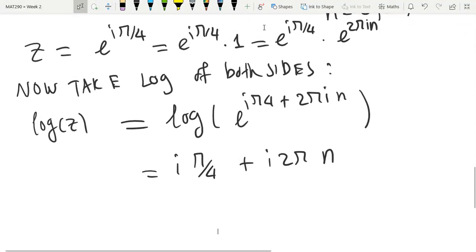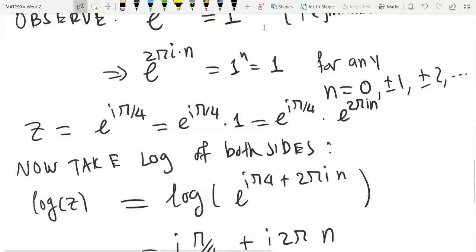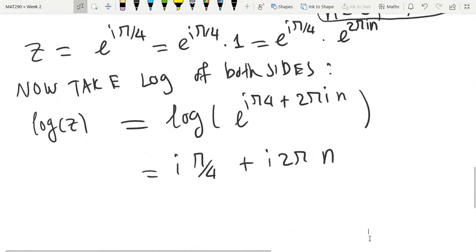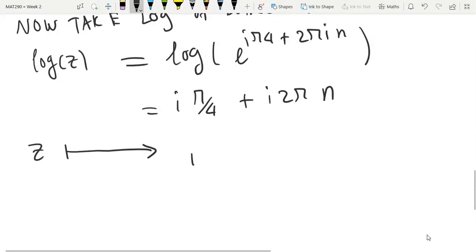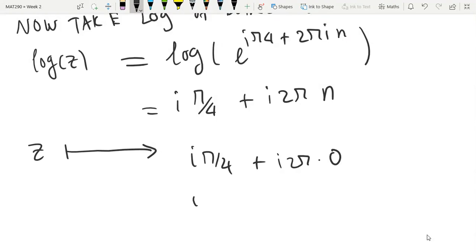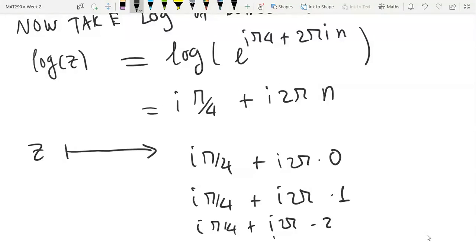But n can be any integer. So we have the following issue. z got mapped to the following values: i pi over 4 plus i 2 pi times 0, pi over 4 plus i 2 pi times 1, 2, and so on.